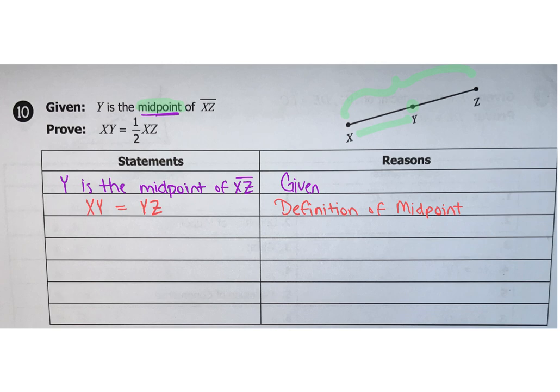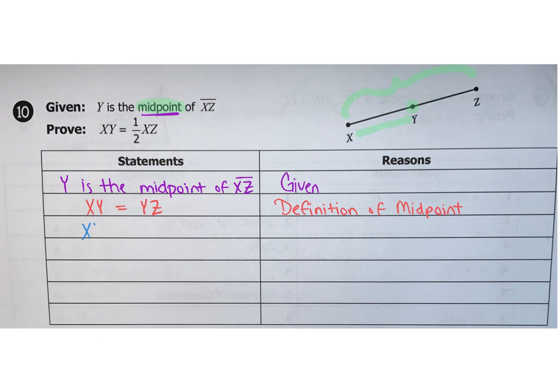Now, if I am trying to say that the piece by itself, XY, is half of the whole, then I'm going to have to somehow define what the whole is, okay? The whole segment is two pieces added together, right? So what two pieces add together to give me that whole segment? Yeah, if I add those two up, I am going to get the whole.